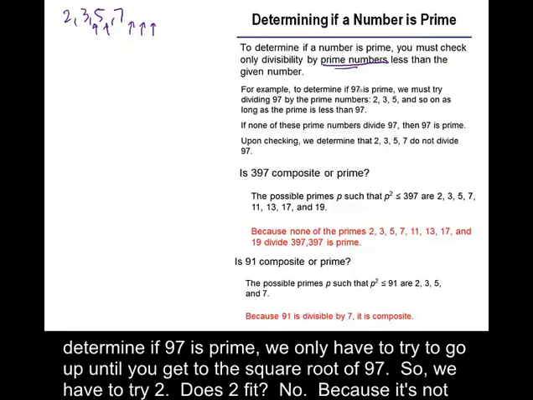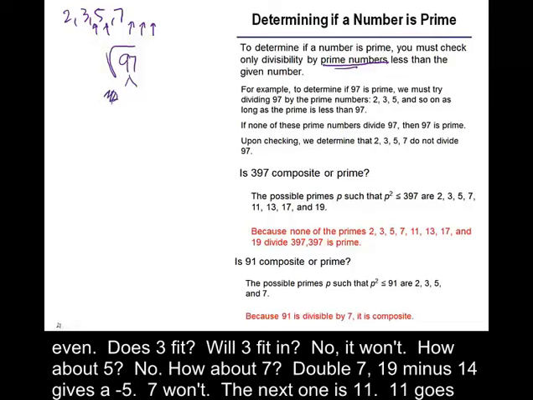For example, to determine if 97 is prime, we only have to go up until we get to the square root of 97. So we have to try 2. Does 2 fit? No, because 97 is not even.